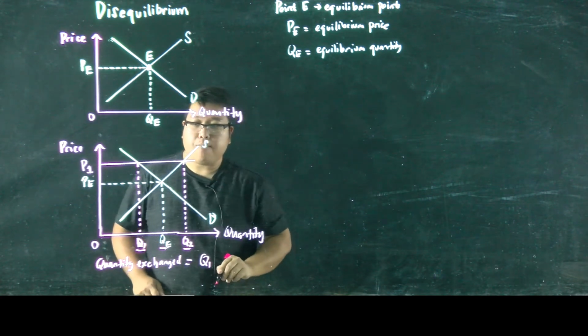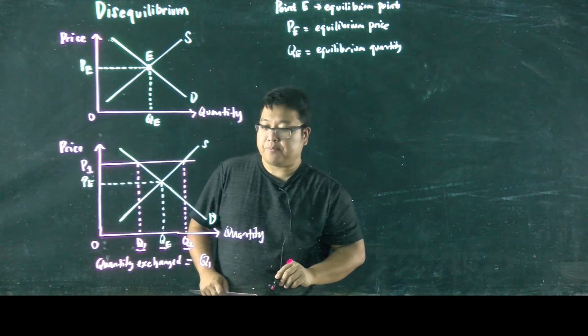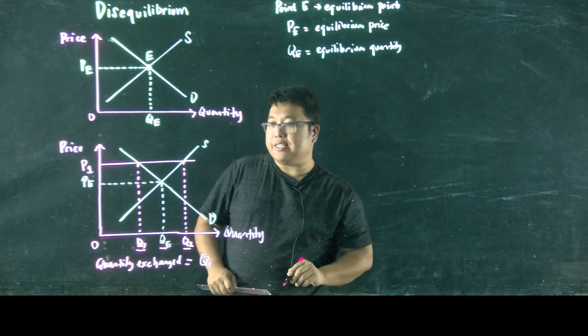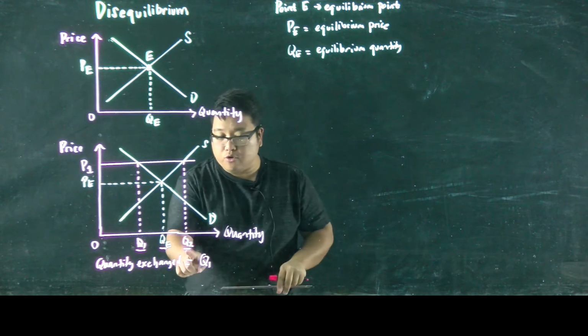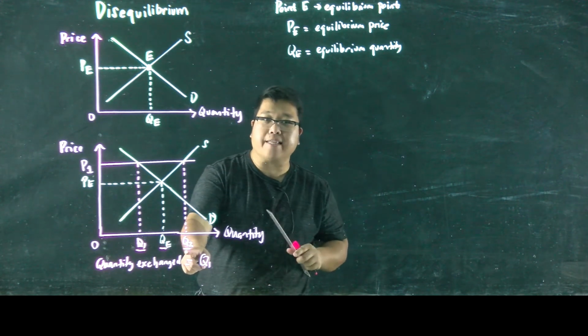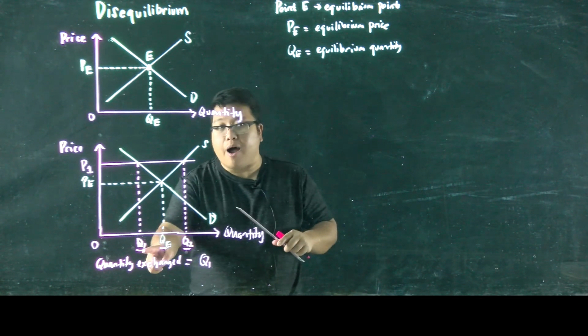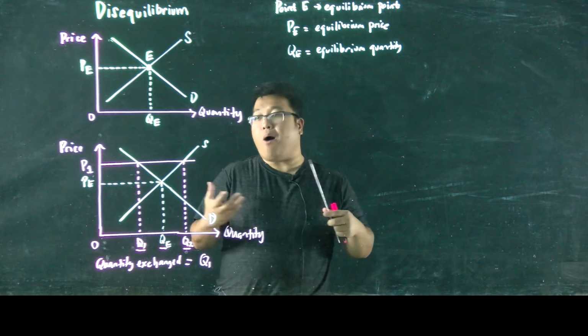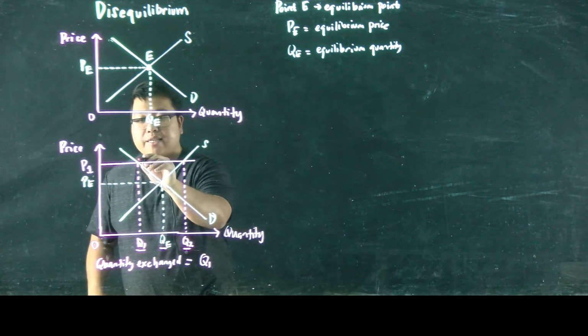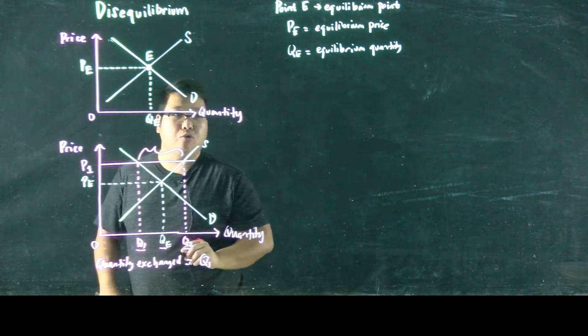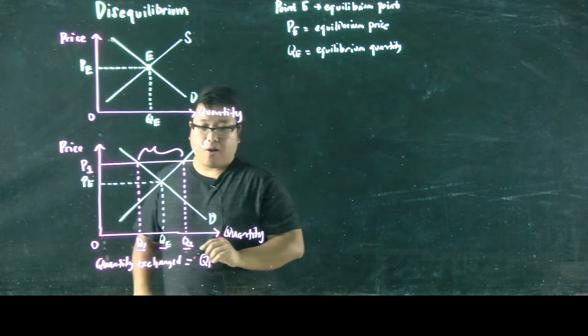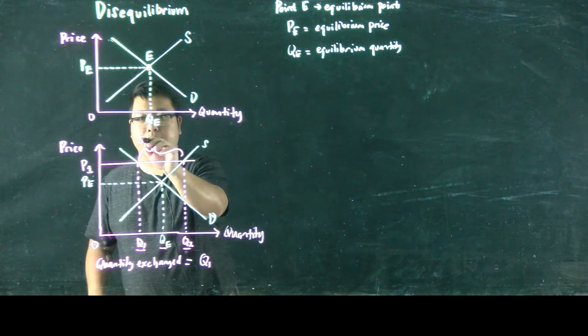And here we have what we call a surplus. Q2 is the number of goods that sellers or producers are willing to produce and sell, but Q1 is the amount of goods that were actually bought. So this gap between Q2 and Q1 is what we call our surplus.